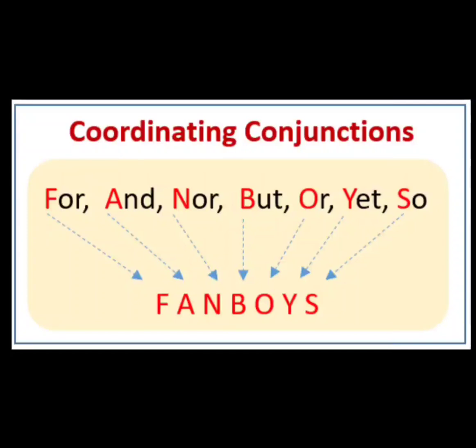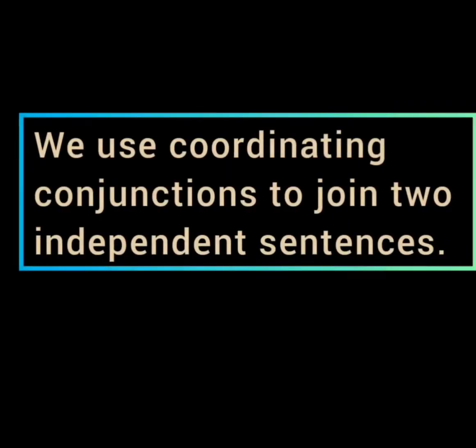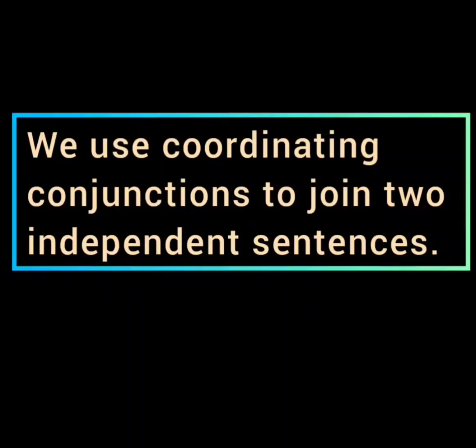For example, see, students, when we have two different sentences, but we have to join them and make the sentence easier, okay, then we use these coordinating conjunctions when we have to make them one, okay.